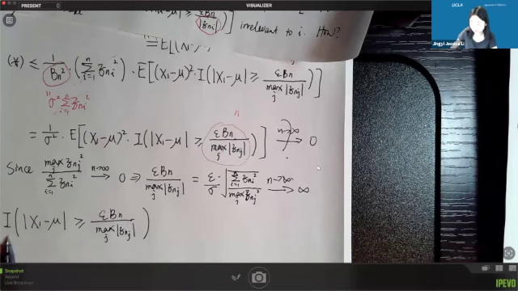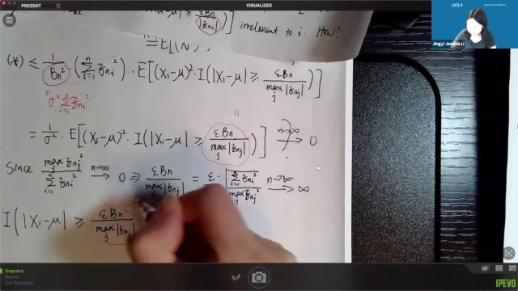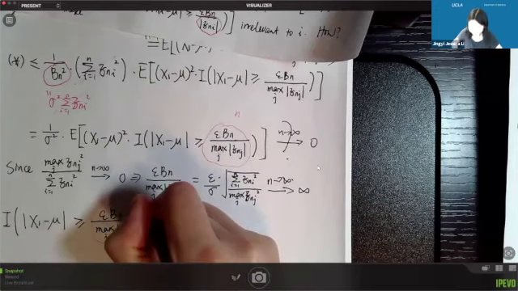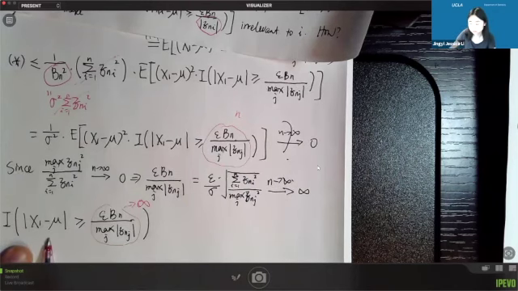What is changing with n? The lower bound. So we have the lower bound changing with n. That will give us an indicator variable sequence. For every n, we have one random variable. And we already know that this lower bound is going up to infinity. So this event will become more and more difficult to happen.